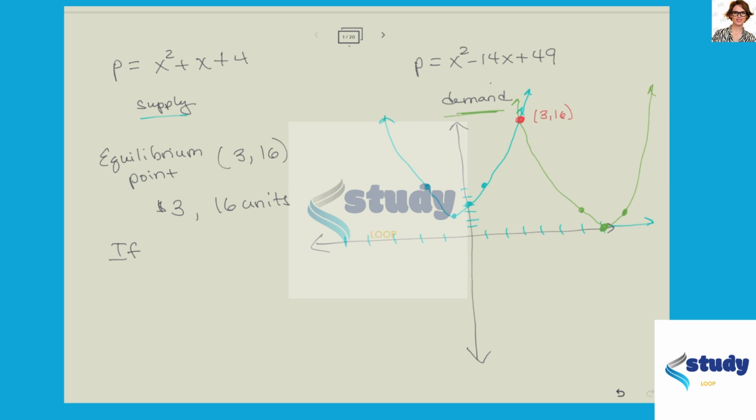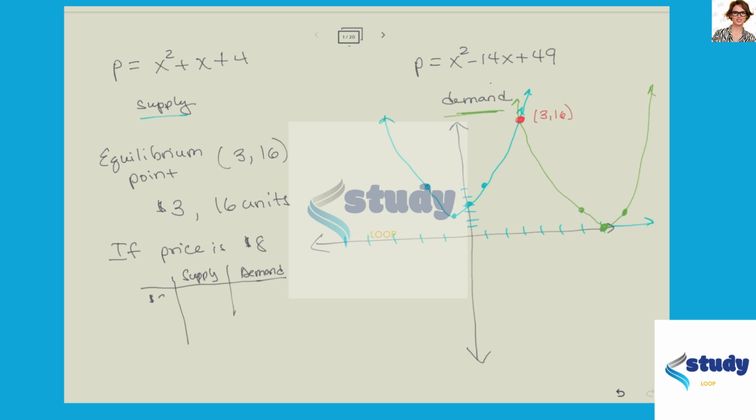Let's say, so if the price is $8, so that's going to be to the right of that equilibrium point. Let's say my supply and my demand.